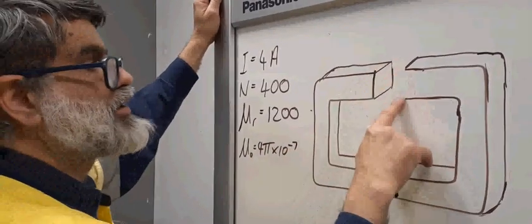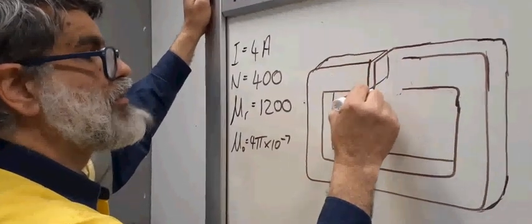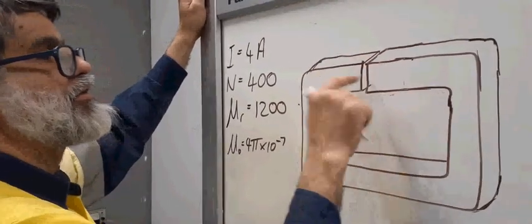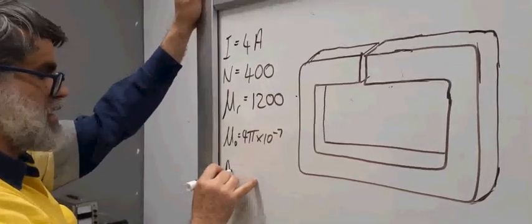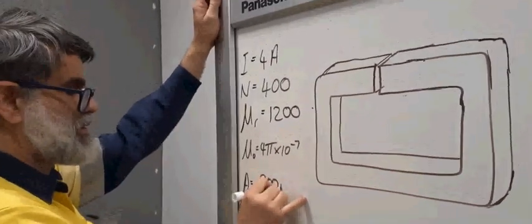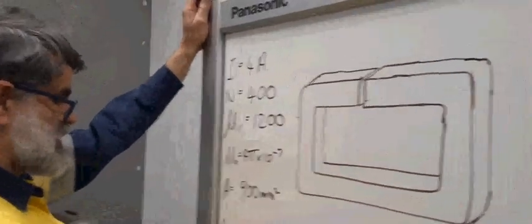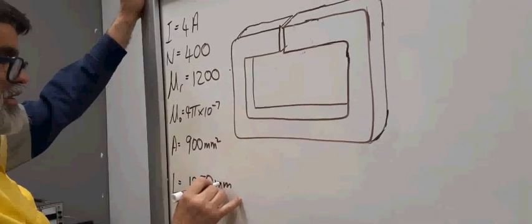Now, this gap here is a bit too wide. We said that was in the order of 1.5 mil, so it's going to be more like that. That face is 900 millimetres squared, that's what we said before, so the area is 900 millimetres squared. The total length of the steel or iron is 1,250 millimetres.